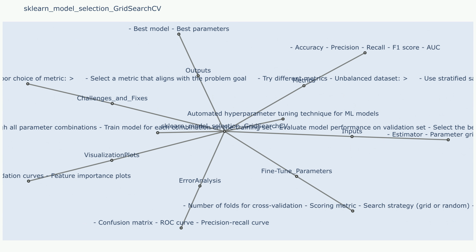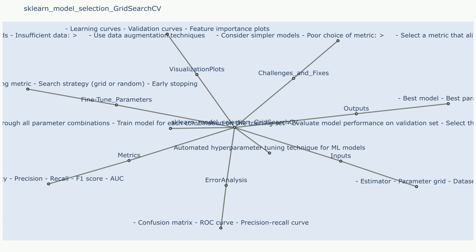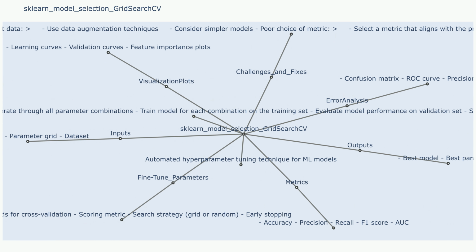Steps: Parameter grid definition: you define a dictionary param_grid specifying the parameter space to explore. Cross-validation for each parameter combination in the grid: Grid Search CV performs cross-validation on the training data. This means the data is split into multiple folds, and the model is trained and evaluated on different combinations of these folds.